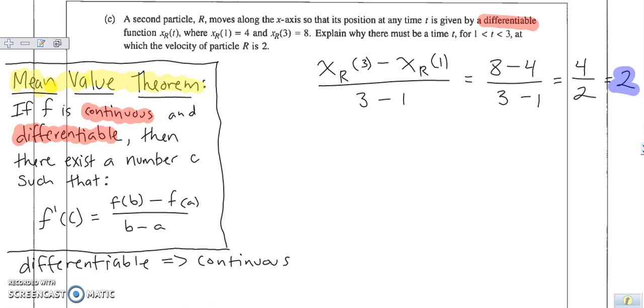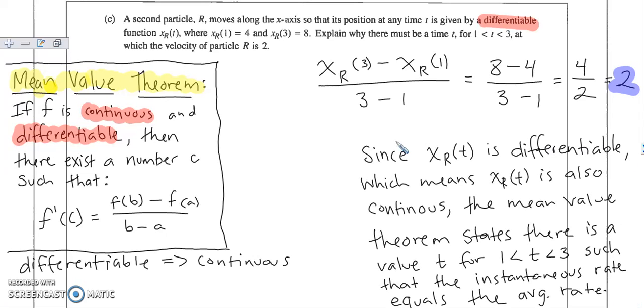And don't forget to explain. You have to include that you use the mean value theorem, or that you apply the mean value theorem. And here's a possible answer. So since this function x is differentiable, which means x is also continuous, the mean value theorem states there is a value t for that interval such that the instantaneous rate equals the average rate.